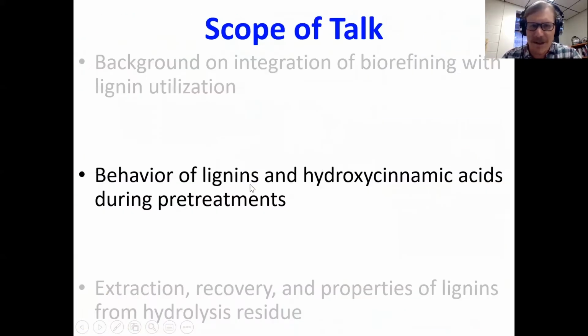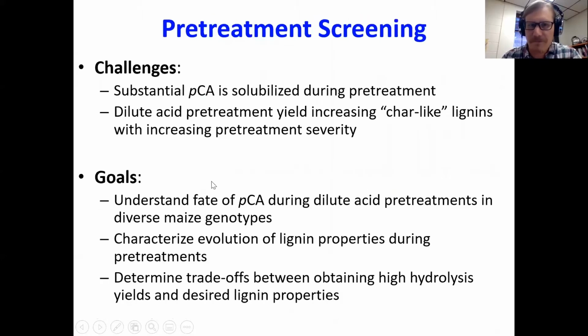The next thing we're going to do is look at the behavior of lignins and hydroxycinnamic acids during dilute acid pretreatment. First, we'll look at diverse lignins, or lignins from diverse corn stover phenotypes.